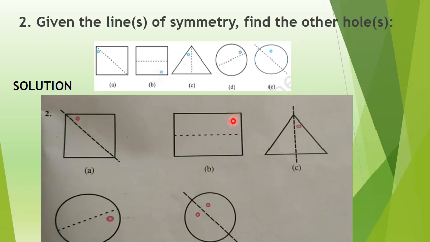So the upside will be, the hole will come here. And the next one, here the hole is given, so the symmetric hole will come here. And in the circle the hole will come here. And in the last one the hole will come exactly opposite to the line of symmetry, like this. This you have to draw.